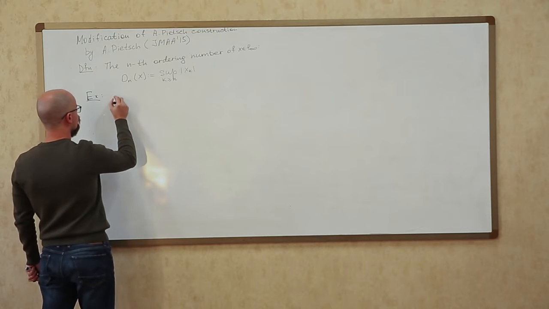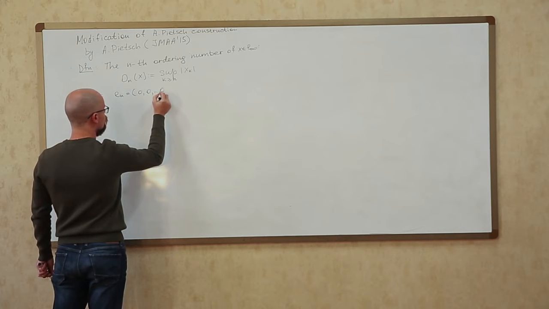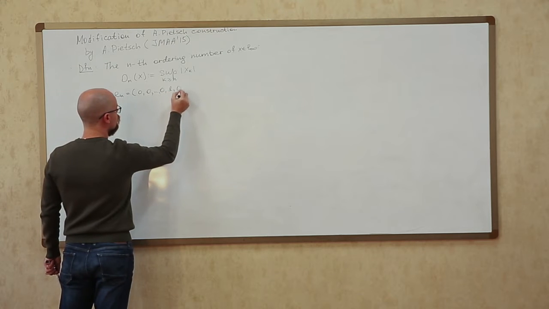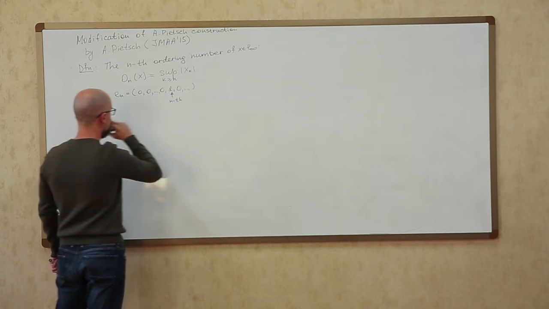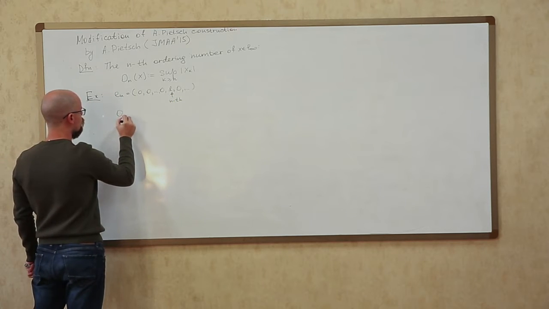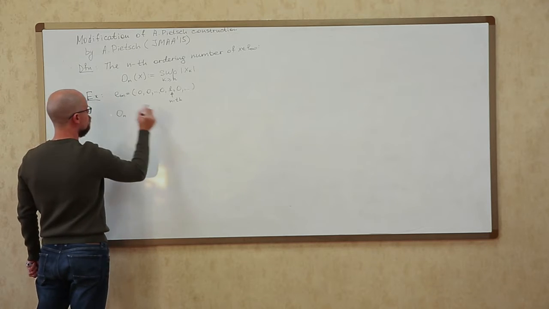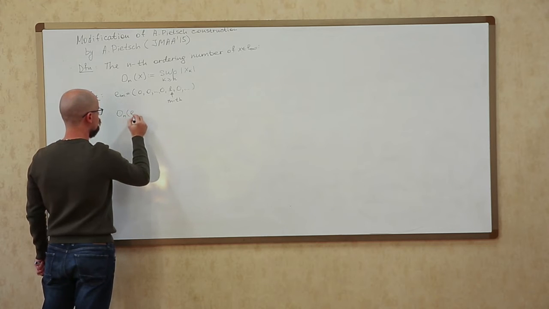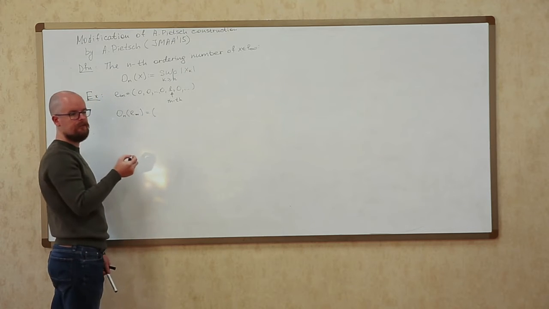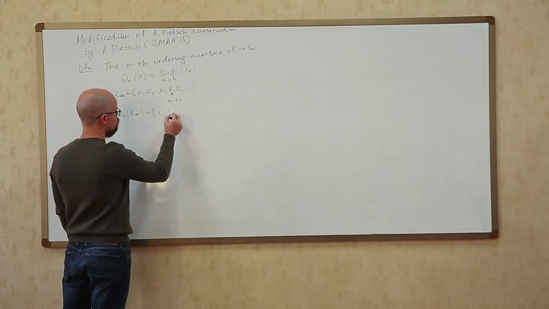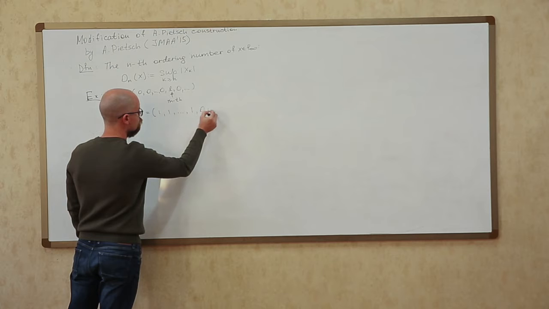If we have e_n, let's go with e_n to avoid confusion, what do we have in the first position? 1, in the second position 1, and up to the position n, and after that the zeros.